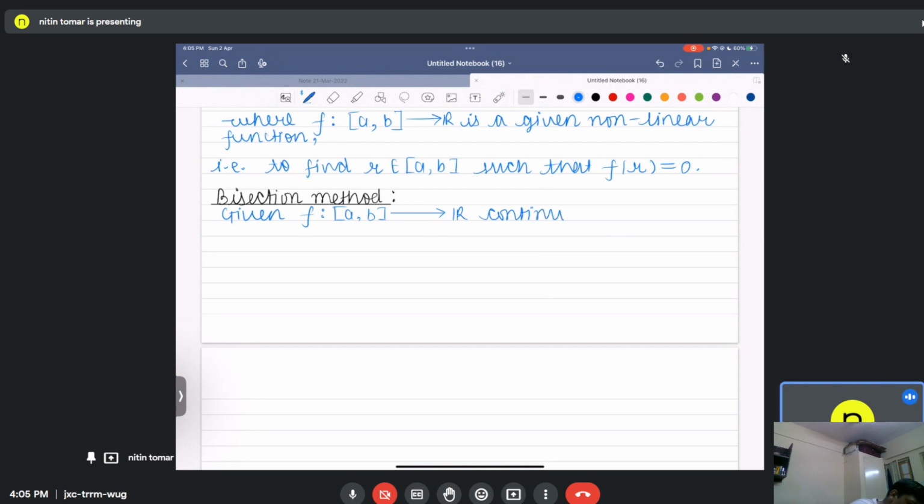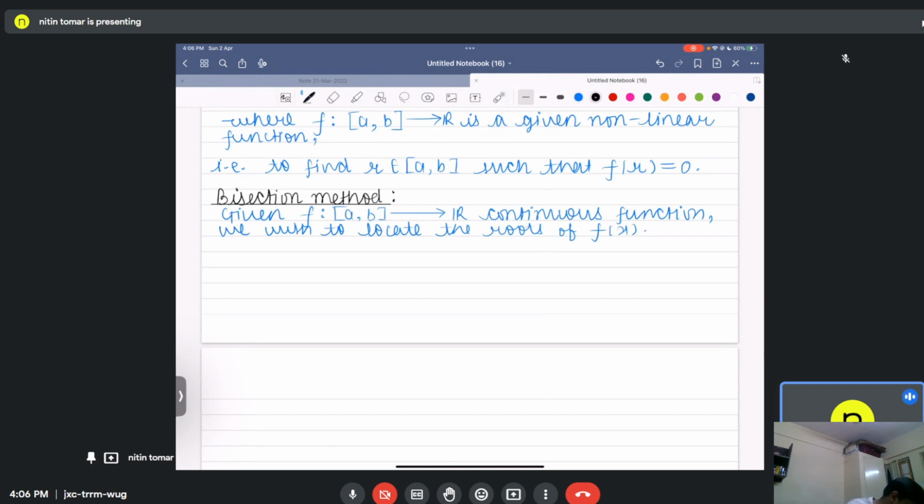So this is the hypothesis: a continuous function. We wish to locate the roots of the function f(x), that is, to solve the equation f(x) = 0.